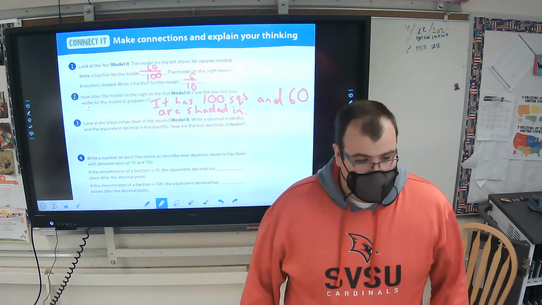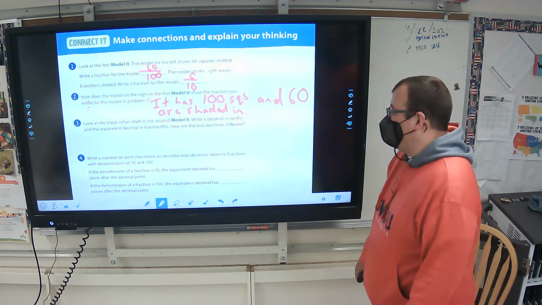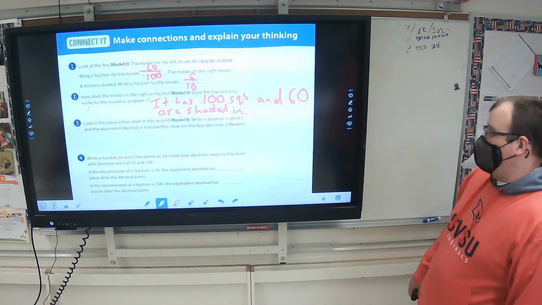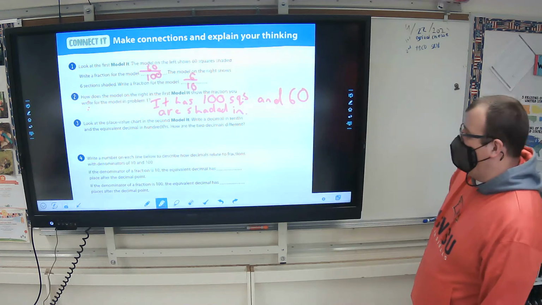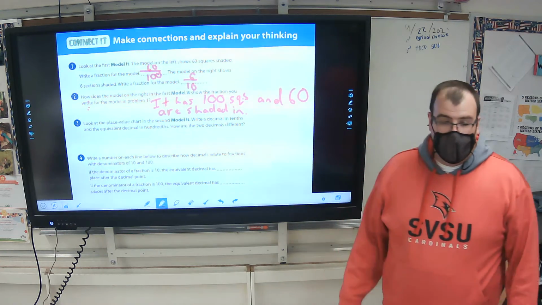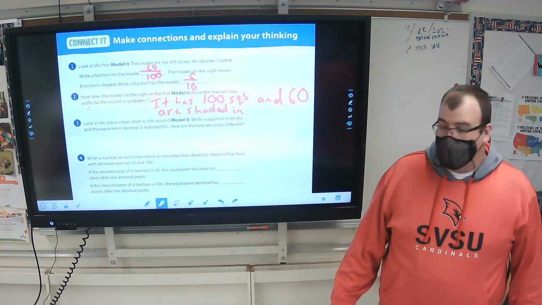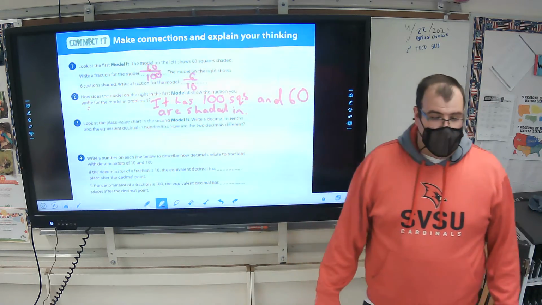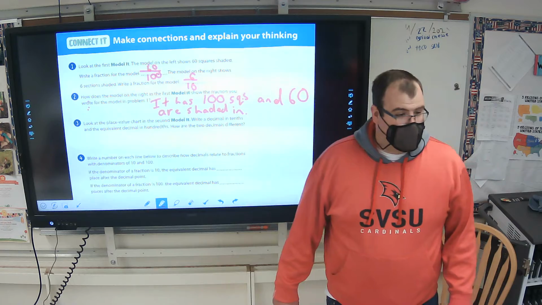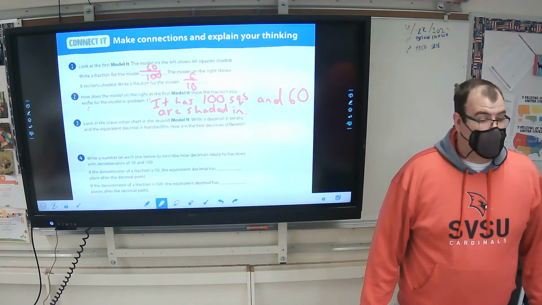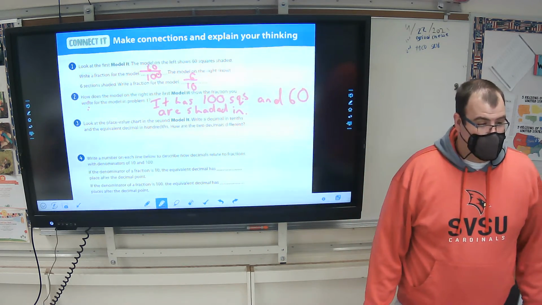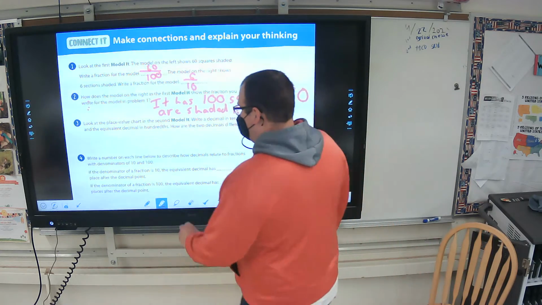Alright, number 3. Look at the place value chart in the second model. Write a decimal in tenths that is equivalent to that decimal in hundredths. How are the two decimals different? So, this one we have 60 hundredths, right? What is the decimal equivalent to that? 6/10, right?